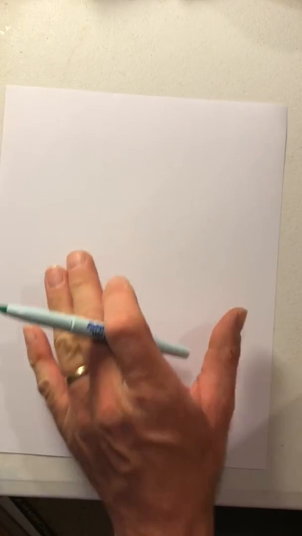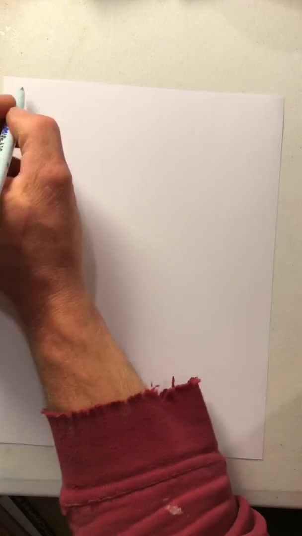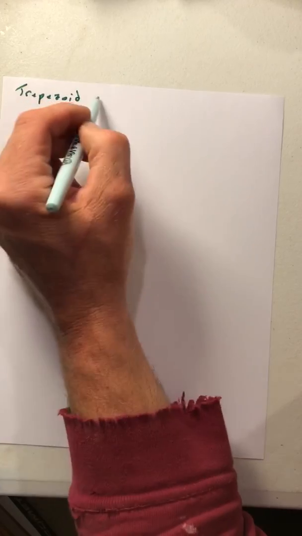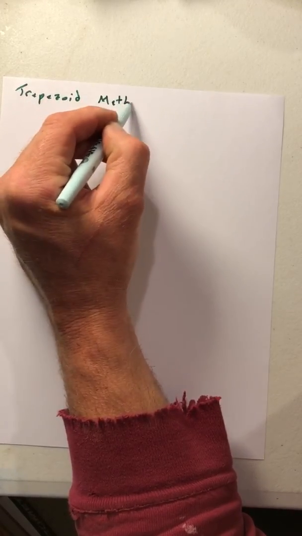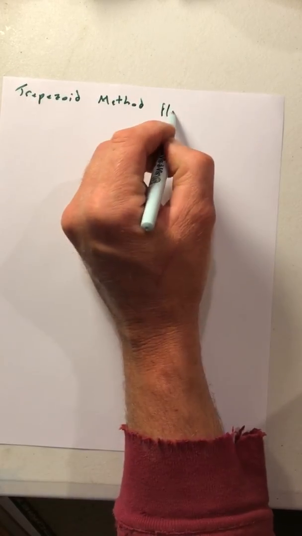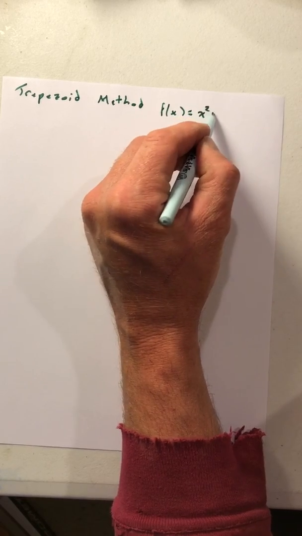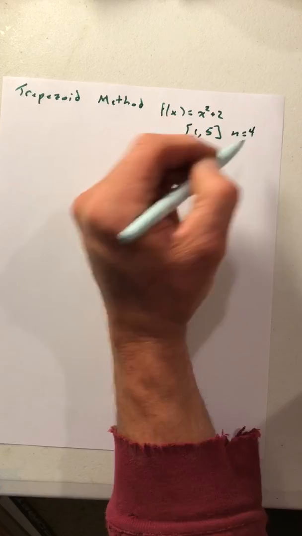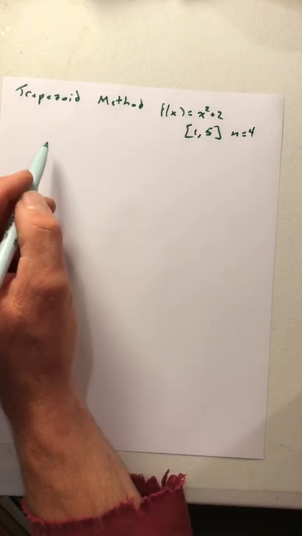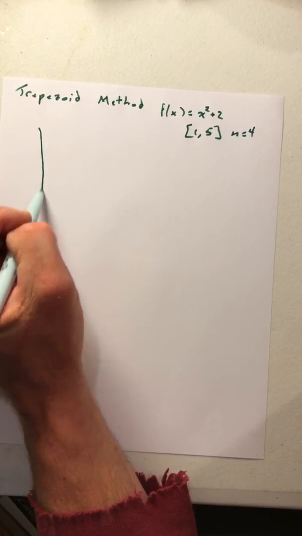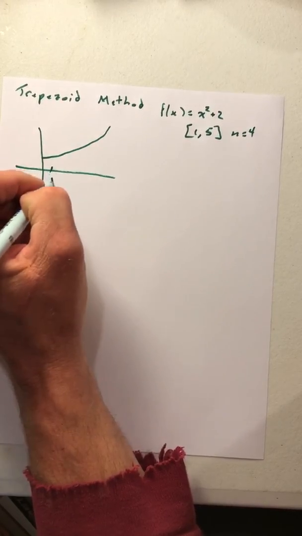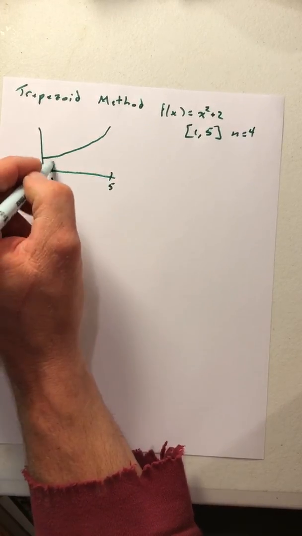And finally, what I'll look at is that trapezoid method. So we're going to look again, same function, f of x equals x squared plus 2. We're going to go 1 to 5, and our n is going to be 4 units, or 4 sections. So again, I'm going to exaggerate this just a little bit. We're going to go from 1 to 5.